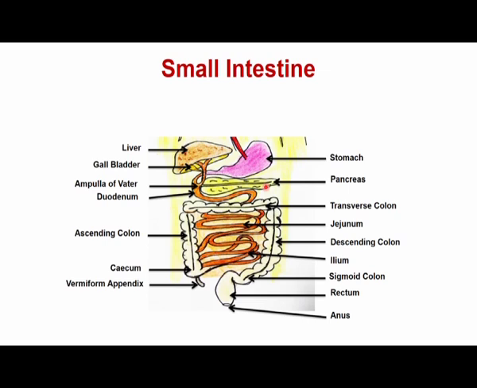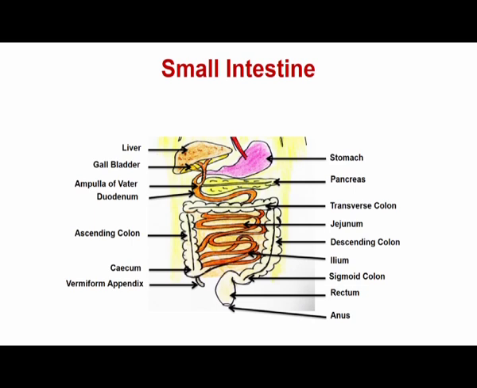The duodenum opens into the jejunum, which opens into the ileum, and the ileum is the longest part of the small intestine. In the distal portion of the ileum, the muscular walls are thick.